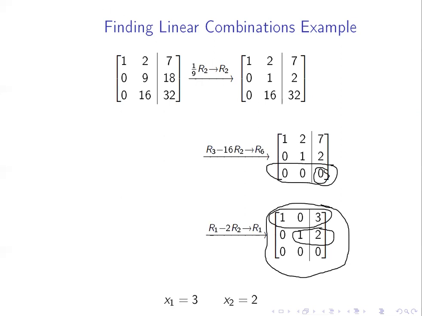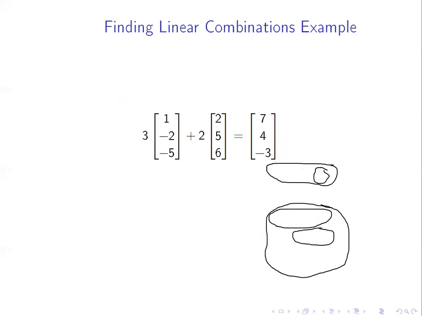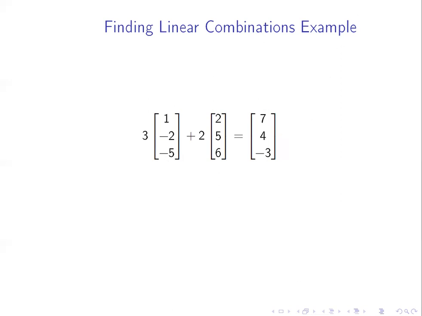So knowing that information, we actually just solved our specific problem. That means 3 times our first vector V1 plus 2 times our second vector gives us our third vector.